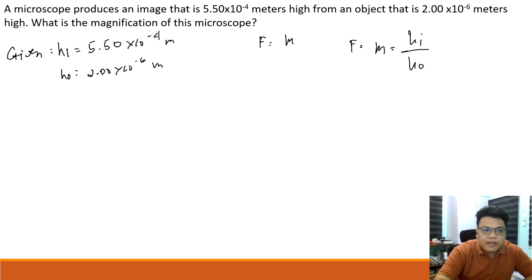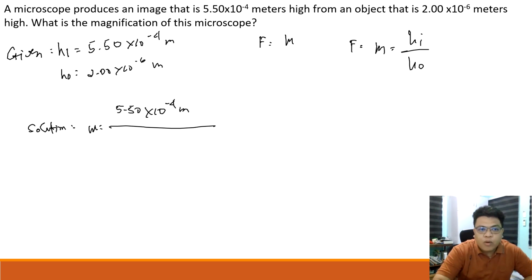How do we solve for that? Here is the solution. We need to transpose the values. We have 5.50 times 10 to the negative 4 meters over 2.00 times 10 to the negative 6 meters.